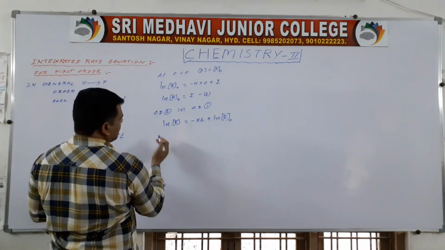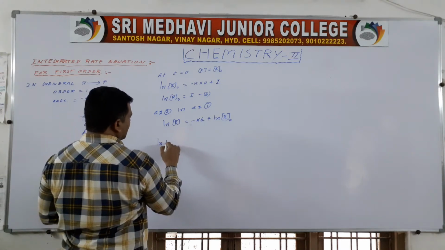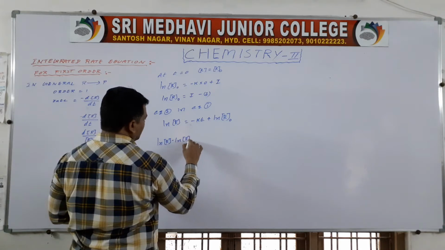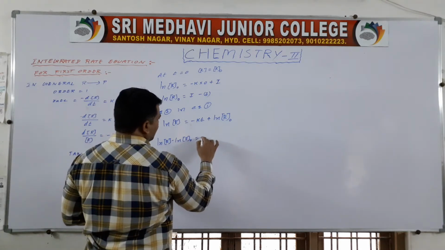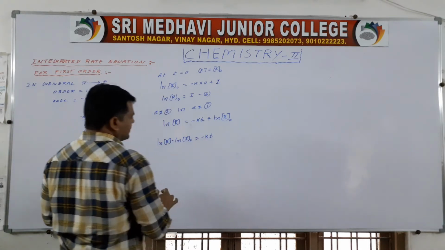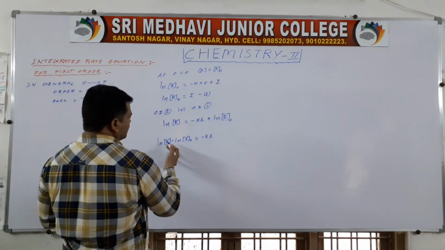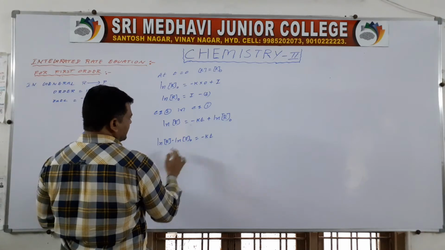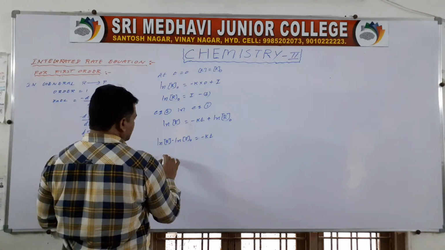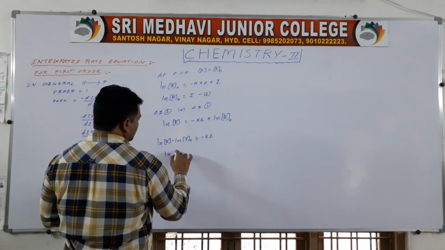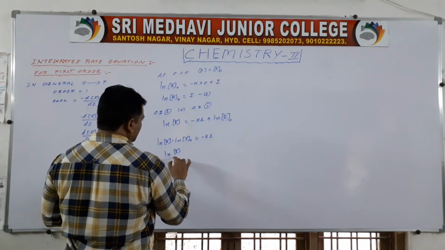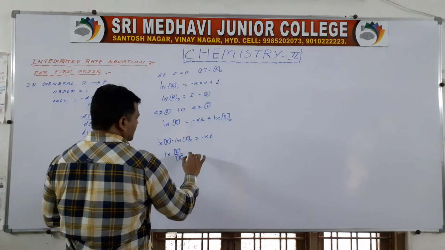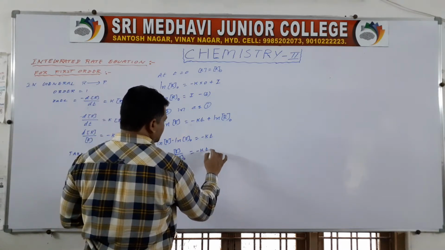The R naught bringing to this side: natural logarithm of [R] minus natural logarithm of [R]0 equals minus kt. Log A minus log B is log A by B, so natural logarithm of [R] by [R]0 equals minus kt.